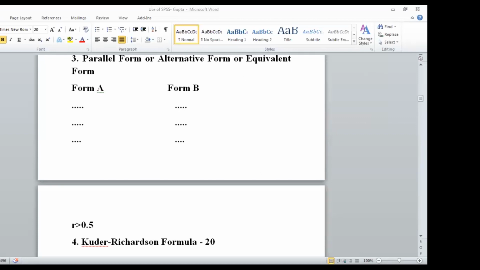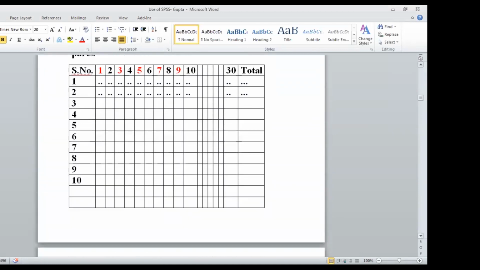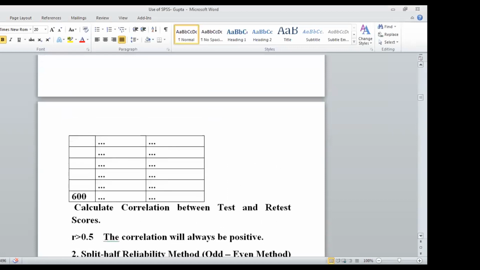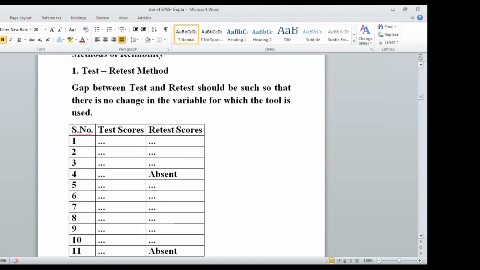See, the test retest reliability method you can use, no problem, whether your number of items are same or number of items are different. It does not make a difference. But only the point is you have to administer the same tool on the same people twice. The gap between test and retest, you have to decide whether you want 10 days, 15 days, 20 days, 1 month, 1.5 months, 2 months, whatever it is.